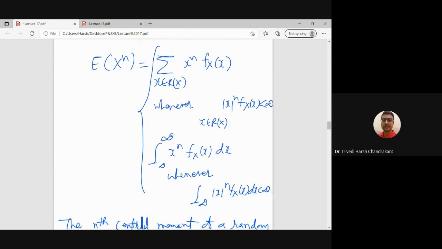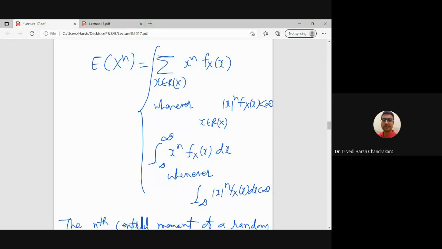So the nth moment of a given random variable is defined using the function g of x equals x power n. In the discrete case it is the summation of x power n f of x, where f of x is the probability mass function of random variable capital X, and in the continuous case it is the integral of x power n f of x dx.